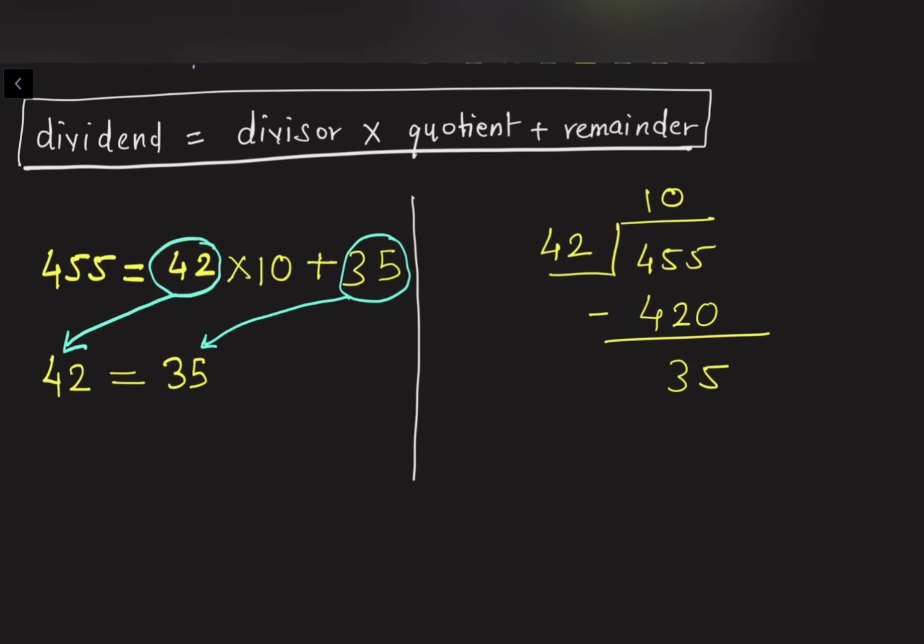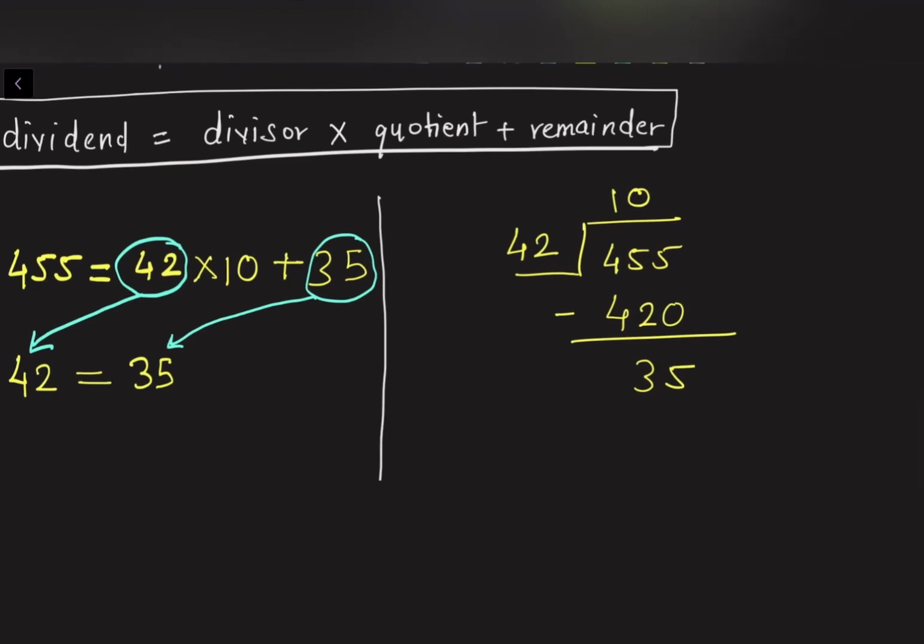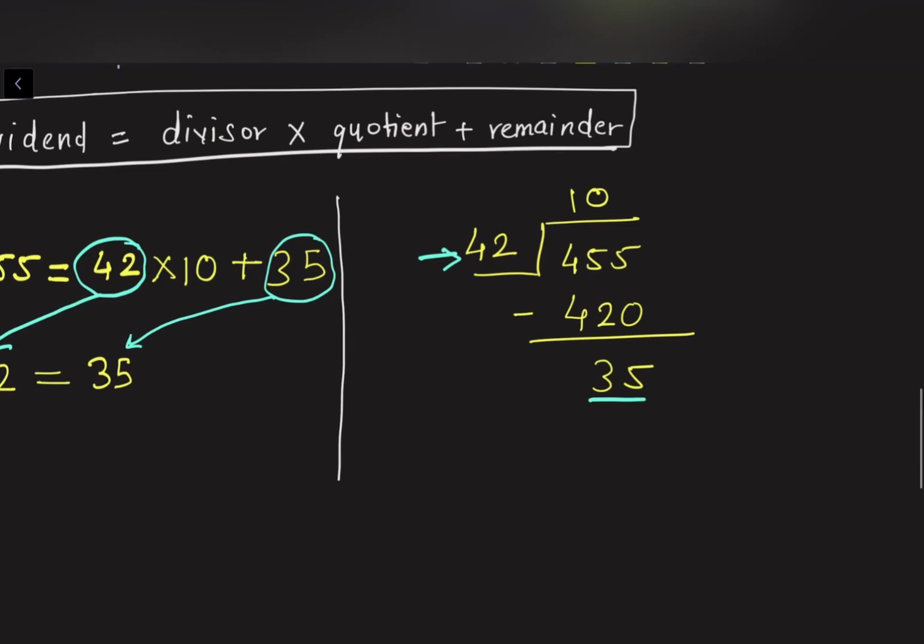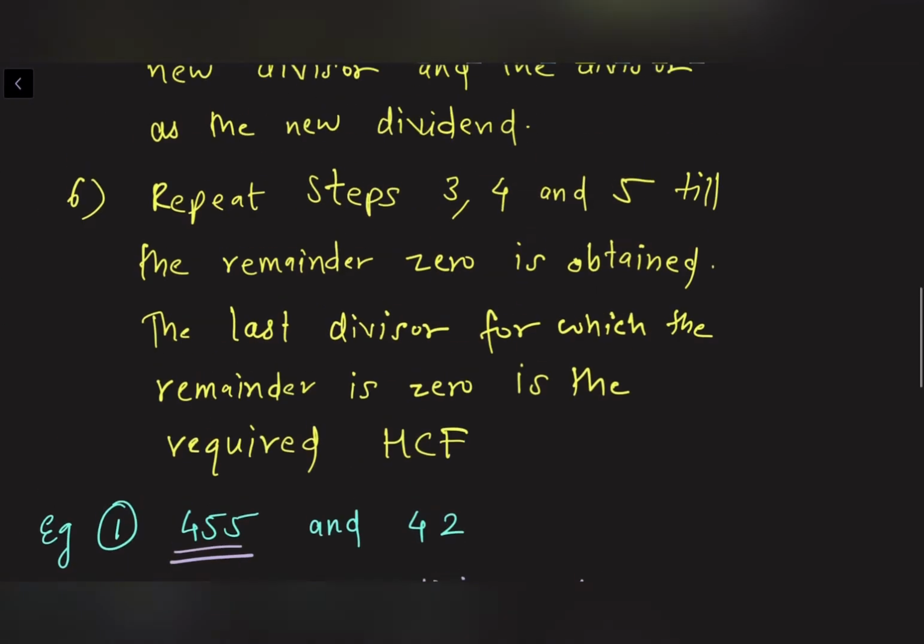So this is the place of the dividend. I'll show you here also. So 35 is your divisor now. This is your new divisor and this is your new dividend, right? So this is a step we got.